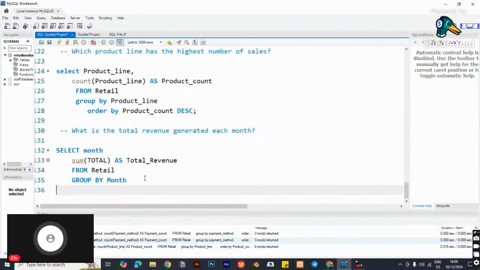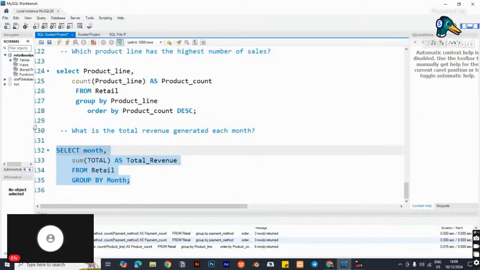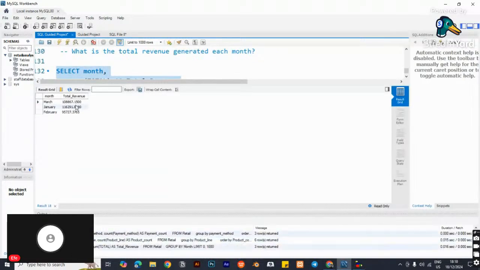Okay, so if I halt my query here, this thing is still showing me a warning sign. I put my comma here. So if I run this, you can see total revenue here. So March, January, and February. So this data set was collected within 3 months.